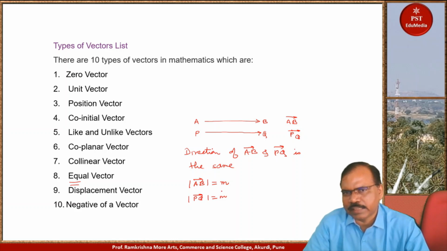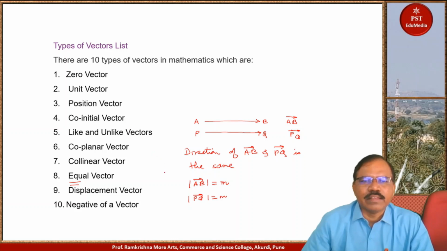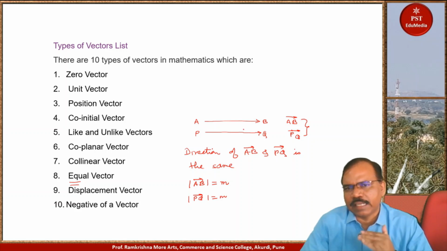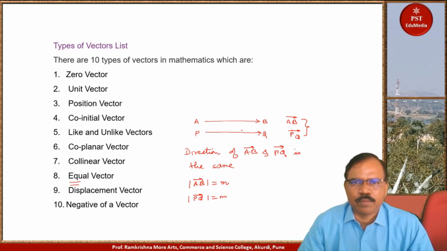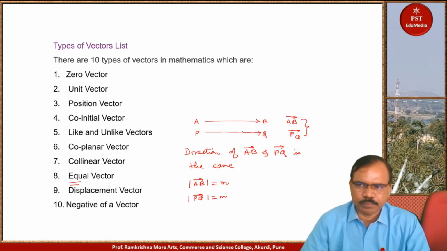So directions are the same as well as magnitudes are the same, then vector AB and vector PQ are equal vectors. So when magnitudes as well as directions are the same for two or more vectors, then they are called equal vectors.